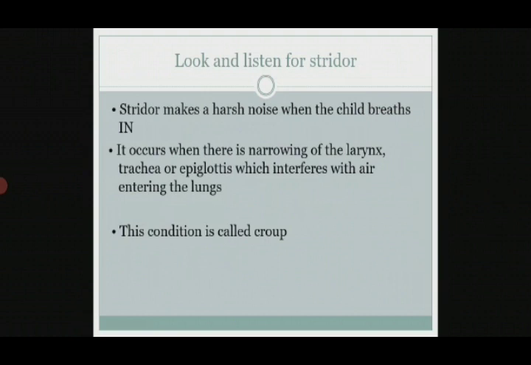Then look for stridor. What is stridor? Stridor means a harsh noise when the child breathes in. It occurs because of narrowing of the larynx, trachea, epiglottis, which interferes with air entering the lungs. This condition is called croup, which is common in pertussis.